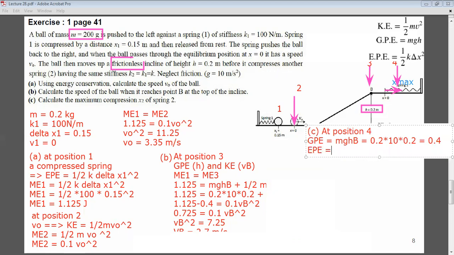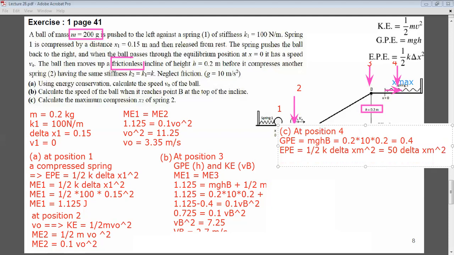So we have EPE, which is half K delta X maximum square. So this is equal half times K. K is 100, so this is 50 delta X maximum square. And the question is to calculate this X maximum. Do we have a kinetic energy? We don't have a kinetic energy because it says that it is maximum compression. So it will do the compression and it will stop. So there will be no kinetic energy.